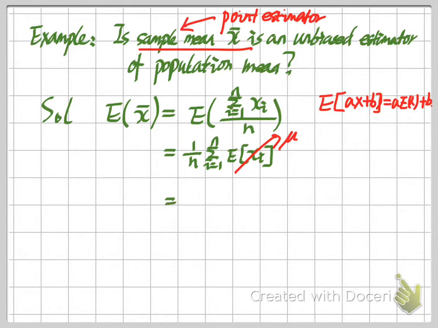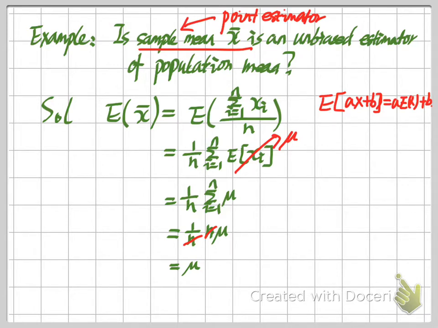Now we can rewrite this equation as 1 over n times the summation from i equals 1 to n of mu. This is n copies of mu summed together and then divided by n. In other words, this is 1 over n times n mu, so the n's cancel each other. Our final answer is mu, which is our population mean.